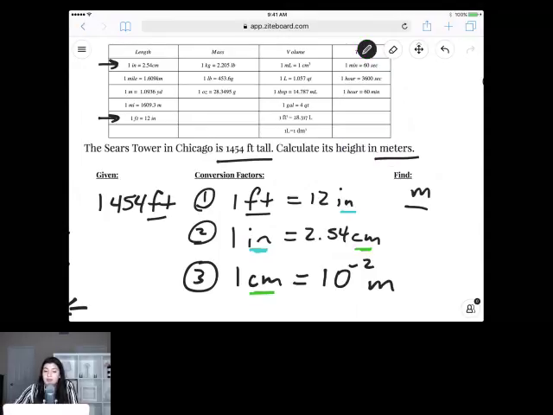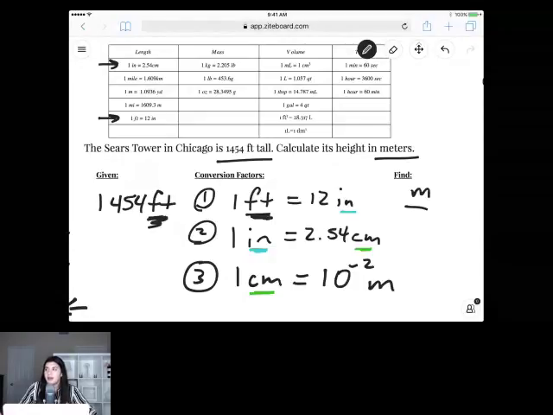All right. So I know that this can actually be a little bit tricky because you're not given all the conversion factors. So I just want to show you guys how I figure this out. Okay. So like I mentioned before, we look at our given unit and we want to first use that conversion factor, meaning our given unit must have the same unit pretty much as our conversion factor. So that's why I did feet and feet. And then from there, I'm going to get to inches.